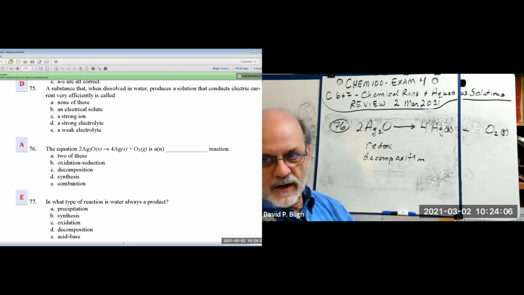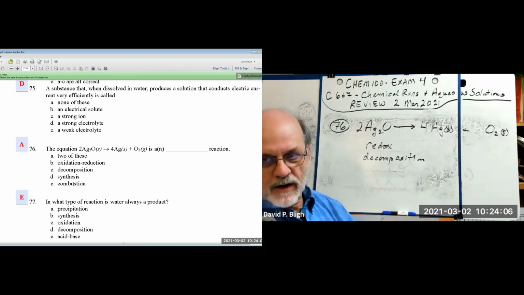The nitrate's the same on both sides. This is not oxidation reduction. It's not acid-base either. I don't see any acid or base in there. This is a precipitation reaction. It's also a double replacement, but that's not a choice. The only choice you have is precipitation.